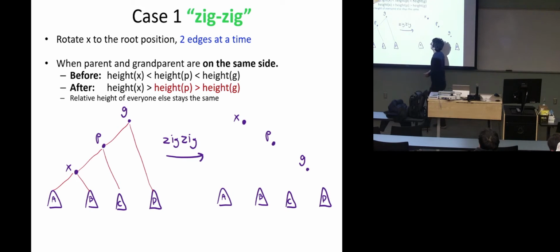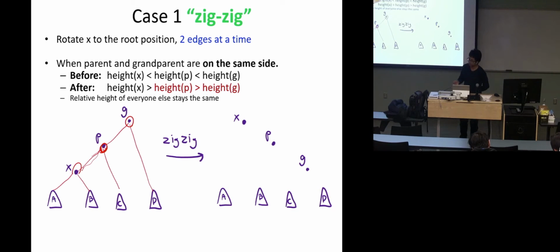Okay. So in this case, you see that the heights of p and g are more than the height of x. What you make sure happens is that the height of x is more than p, and the height of p is more than g. That's what I will do.